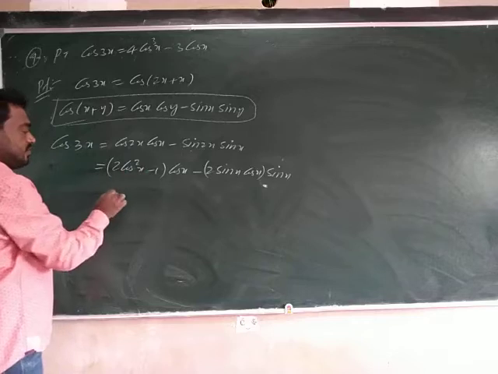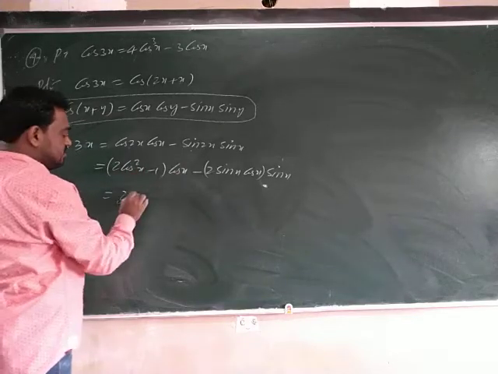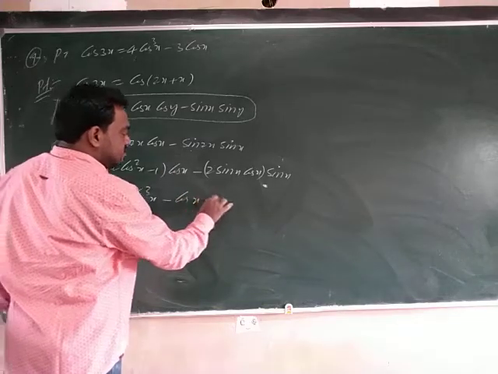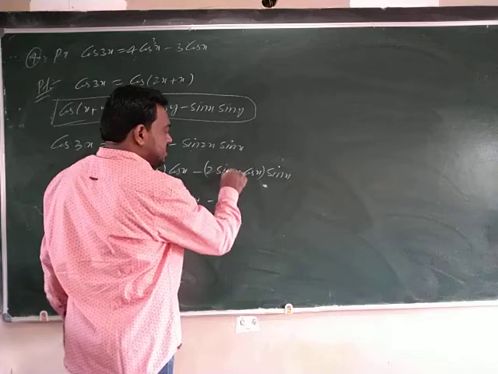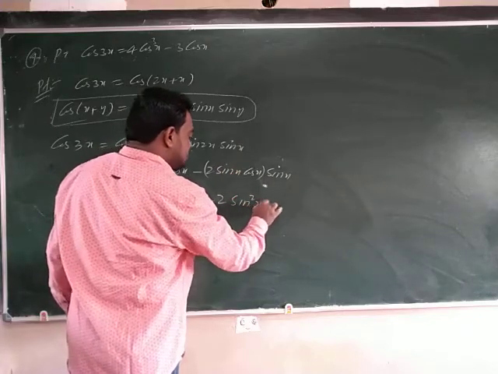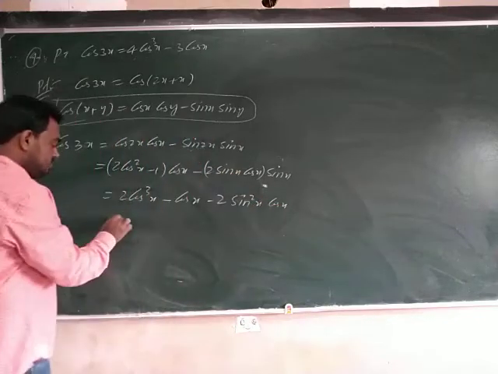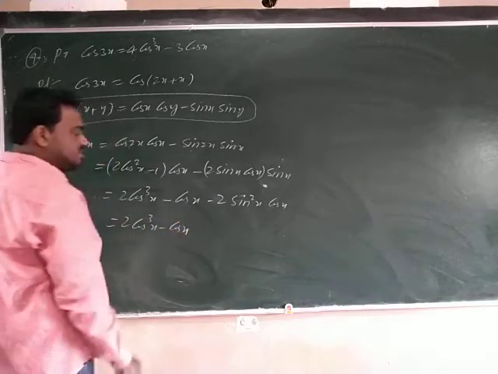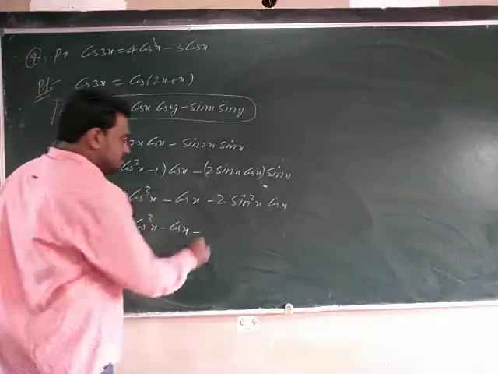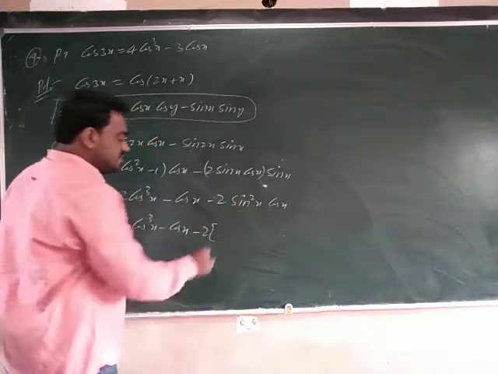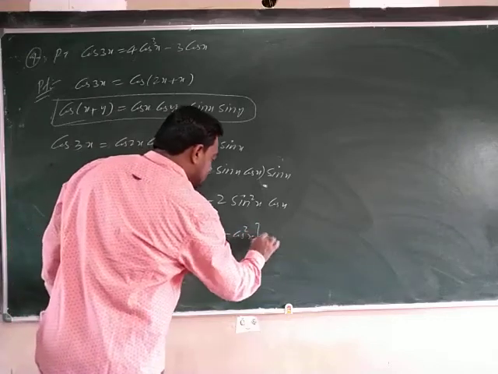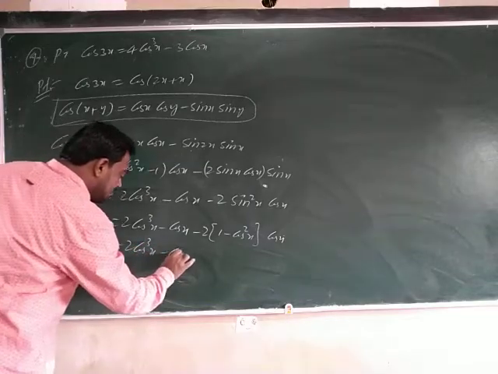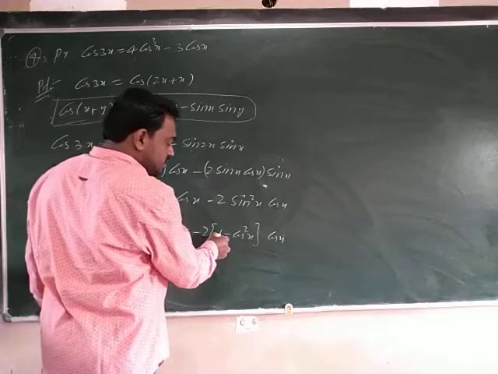Now we multiply: 2 cos square x into cos x, 2 cos cube x, minus 1 into cos x, minus 2 sin x into sin x, sin square x, into cos x. Now 2 cos cube x minus cos x minus 2 into sin square x, which is equal to 1 minus cos square x, into cos x. 2 cos cube x minus cos x minus 2 into 1, 2 into cos x.